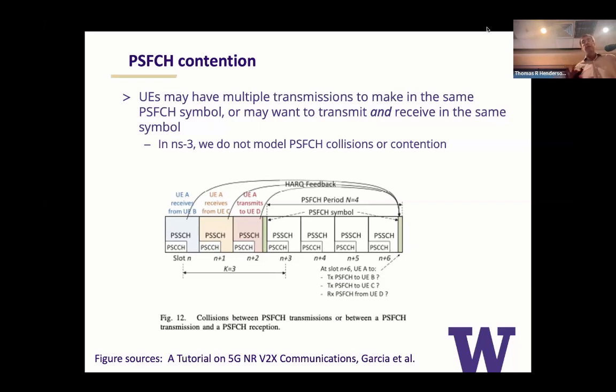So in practice, the way that the algorithm is designed, you could have a case where a UE had contention locally, not knowing whether to transmit or to receive when that symbol shows up in the slot. And basically this can be worked out with some prioritization, but we're not modeling this. We're not modeling collisions or contentions right now in the model. Again, we assume a perfect channel and that it's a full duplex channel, so it can send and receive in the same channel in the current model.